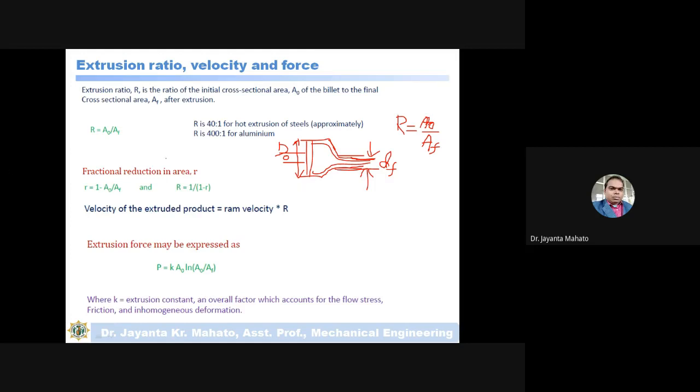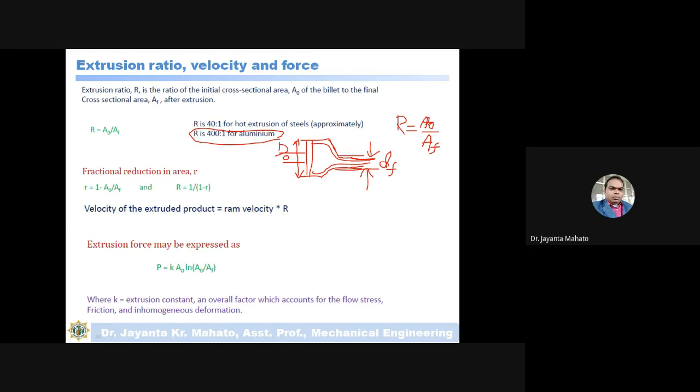As for example, aluminum has a very high extrusion ratio. Hence, a high amount of cross-section can be reduced in case of aluminum because of its softness and high ductility.